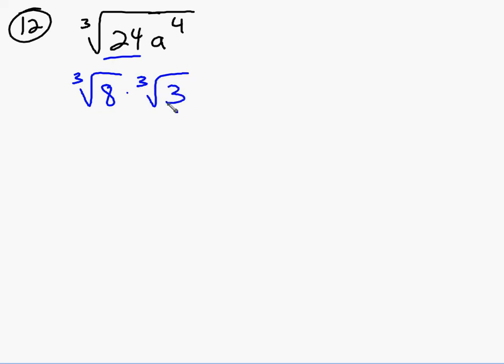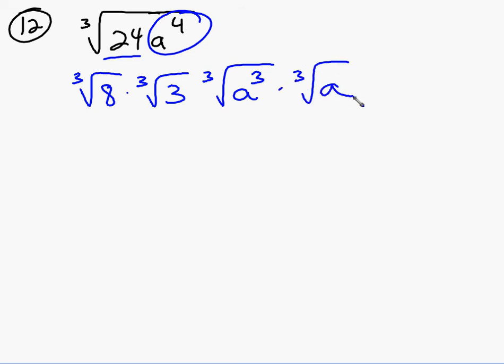Now if I'm doing a cube root dealing with this a to the 4th, then I want my power to be a multiple of 3 instead of a multiple of 2. So couldn't I make this the cube root of a to the 3rd times the cube root of a? What I'm wanting is to get the root and the power under here to work together.